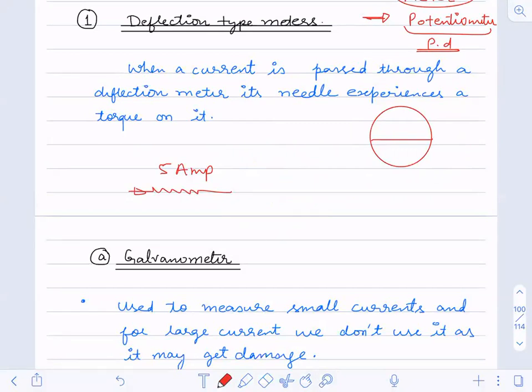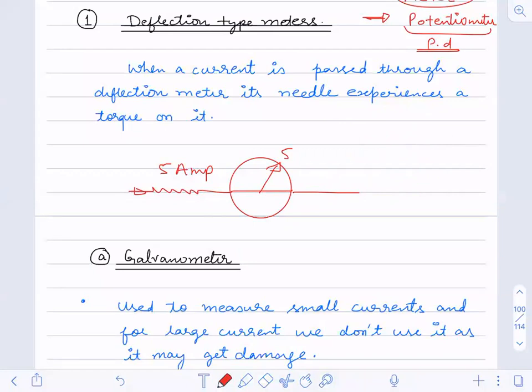Now I give you a device and ask you to verify how much current is flowing. You will take this device to verify whether it is 5 ampere or not, and connect it like this. There will be a needle that will deflect and show you the 5 ampere.